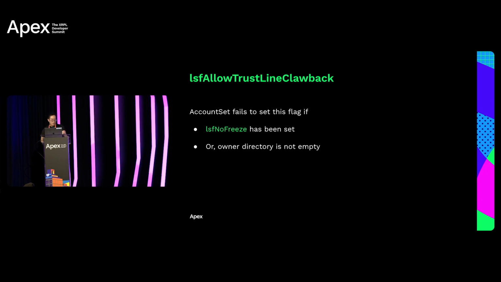The second restriction is if the issuer's owner directory is not empty, then trying to set Allow Trustline Clawback will also fail. This means that the issuer can't just suddenly or silently toggle on this flag without notifying the token holders. This is because fungible tokens live on the ledger in the form of ledger objects.